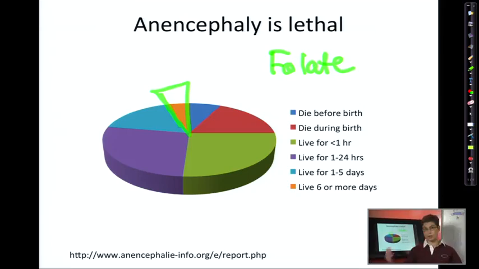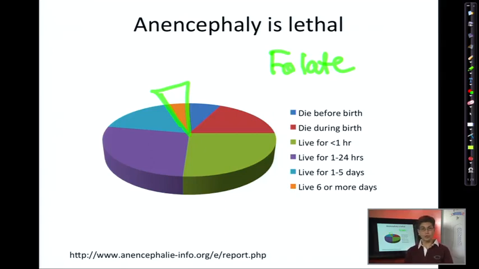And so assuming an individual eats grains, eats cereal, eats bread, they will have enough folate, and this can greatly, greatly reduce the chance of getting a neural tube defect.